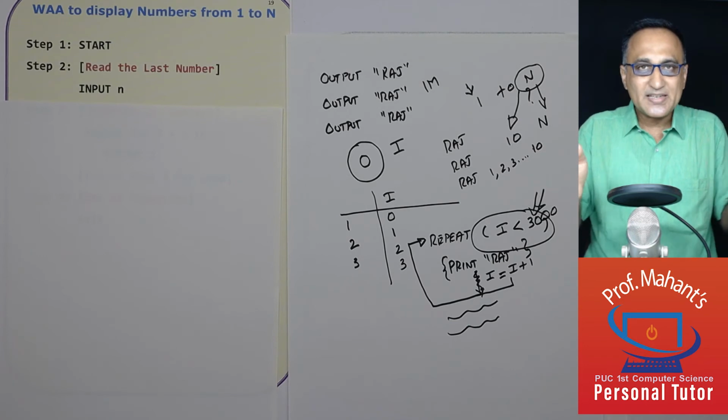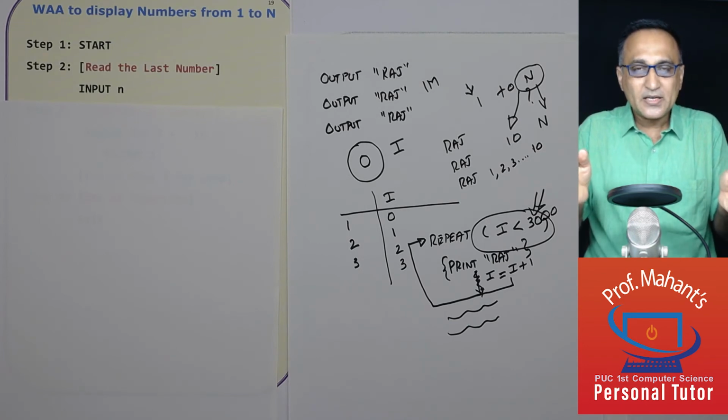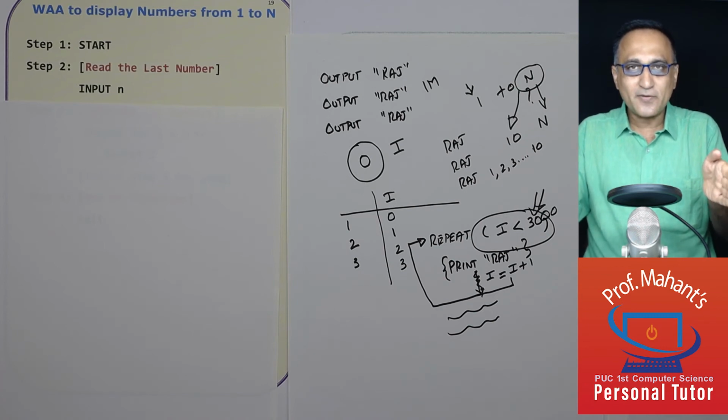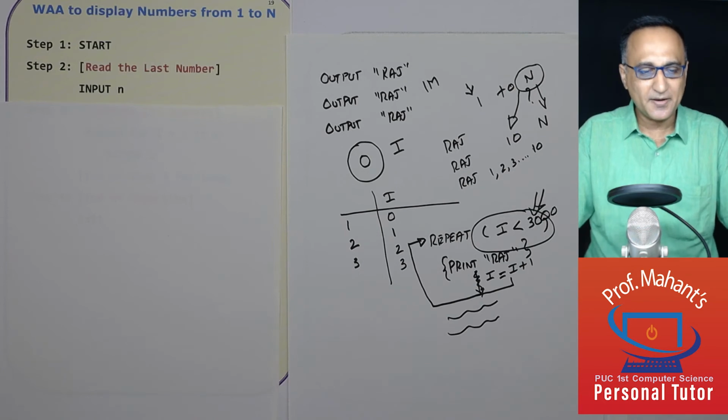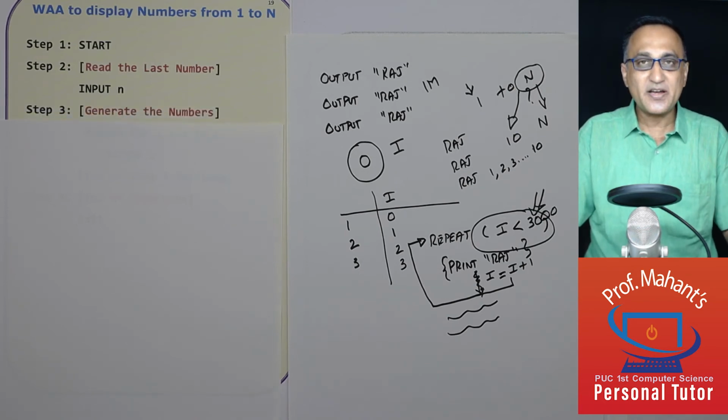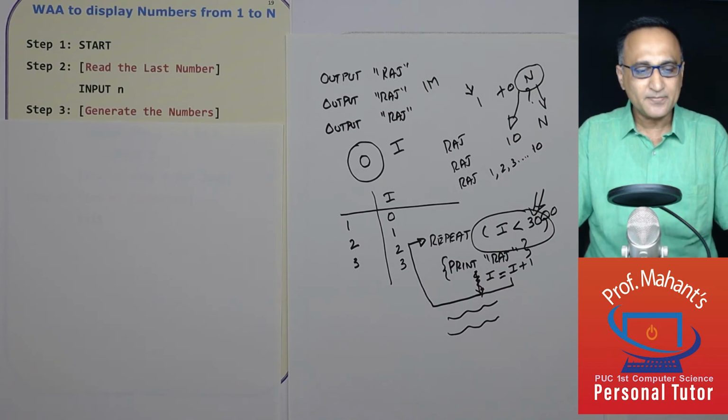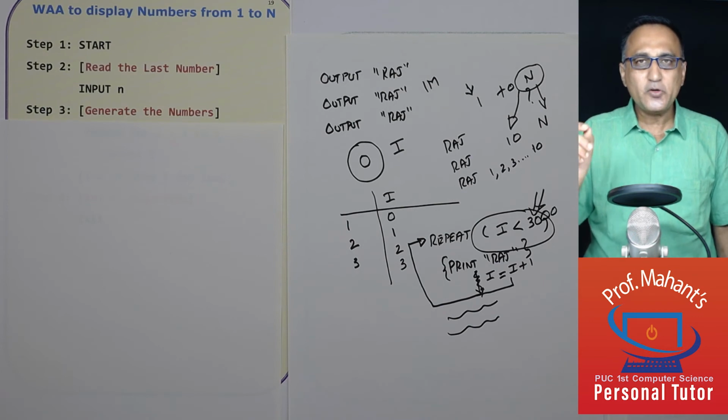Next, what I am going to say, starting from 1, keep printing one number at a time. 1, 2, 3, 4, 5, 6, 7, 8, 9, 10, all the way till you reach n. So what I am saying, generate the numbers or print numbers one by one all the way till n. So for that, in algorithms, we use two different constructs or statements.